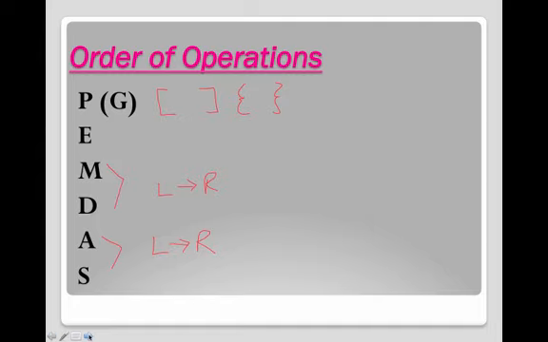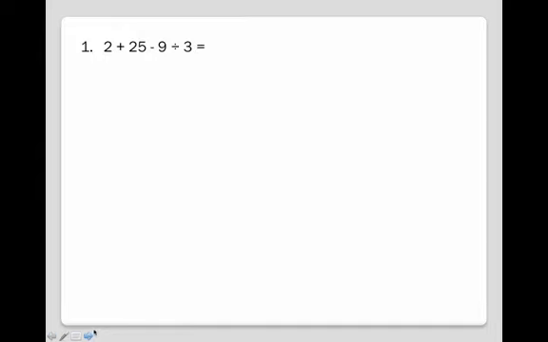All right, I've got some examples on the next page. I'm going to show you this one, how I'm going to expect to see your work, okay? So I've got 2 plus 25 minus 9 divided by 3. Well, the order of operations tells me I need to deal with this part first because all of this was addition and subtraction, but I do have division, which takes precedence. So 9 divided by 3 is 3.